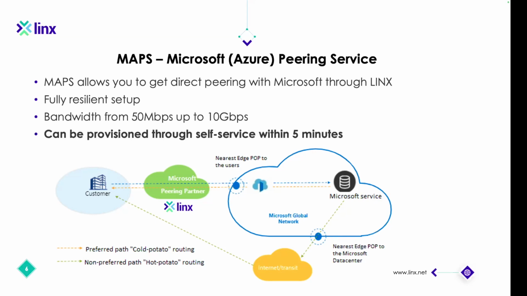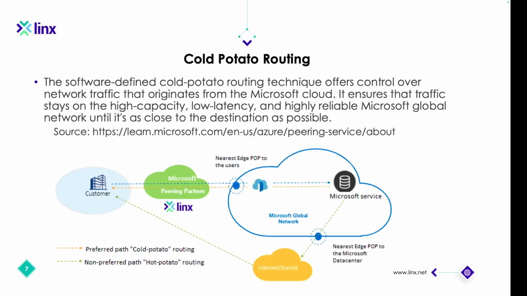And with LINX, you can even use our self-service functionality through our portal, which really means if you already have a port with LINX, you can set it up within a couple of minutes in an ideal situation. So it's a very quick option to get that direct peering if you need it.